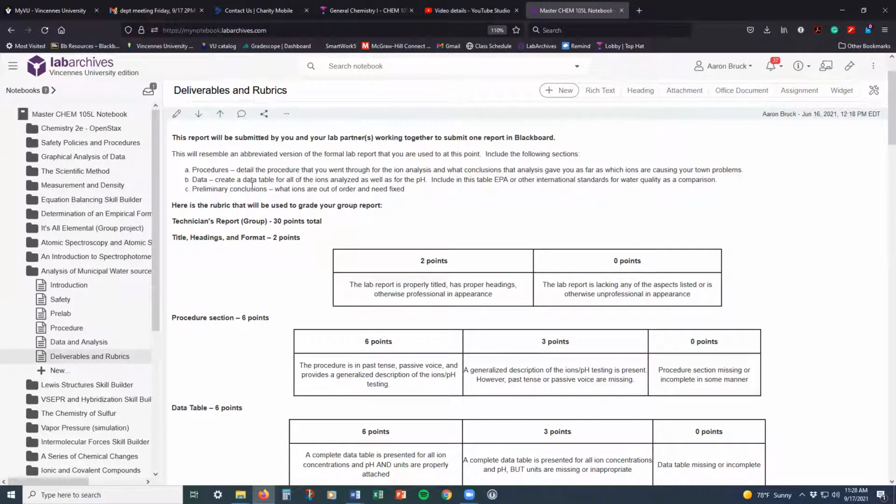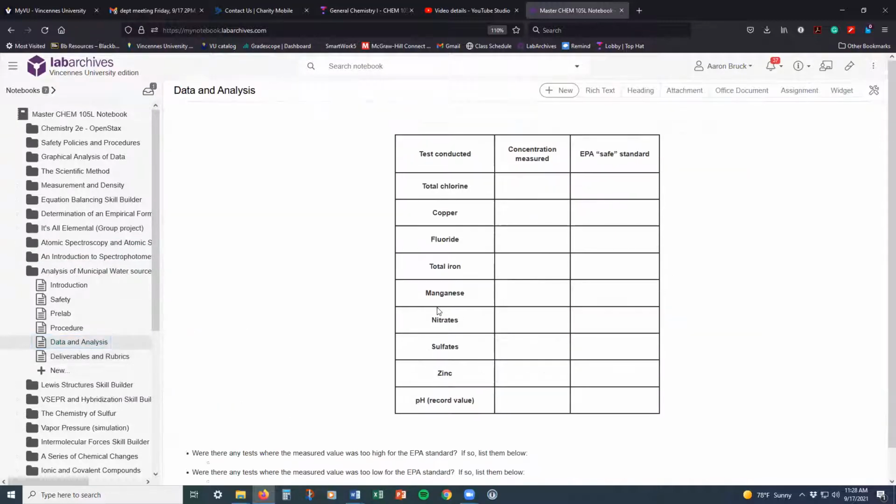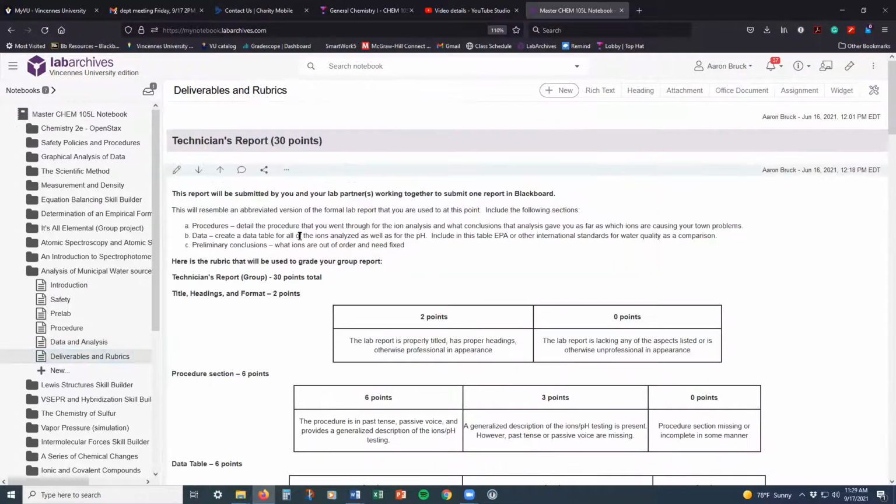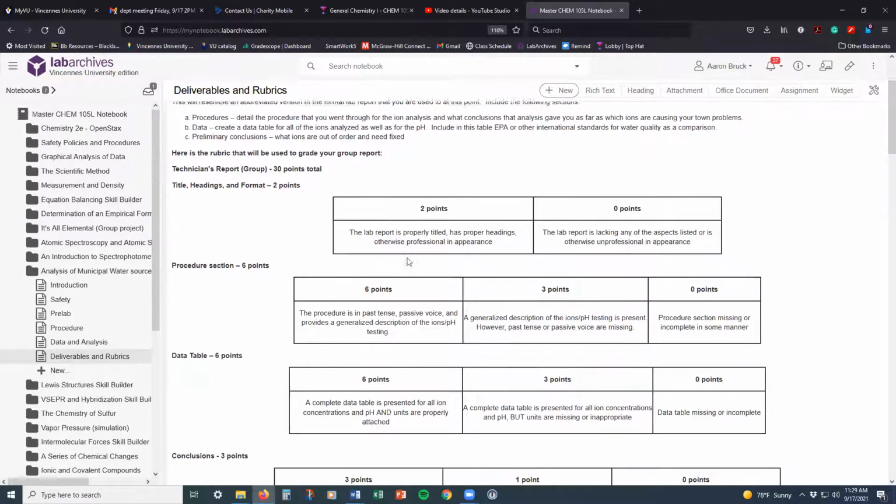So you do not have to outline every single test and all of the steps that you took for each test, but rather a general procedure that explains what it is that you did and how you collected the data. And then you present the data. You take this data table and you drop it into your report, and you compare your results and make some primary conclusions.